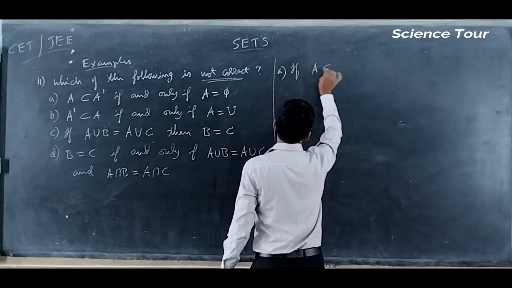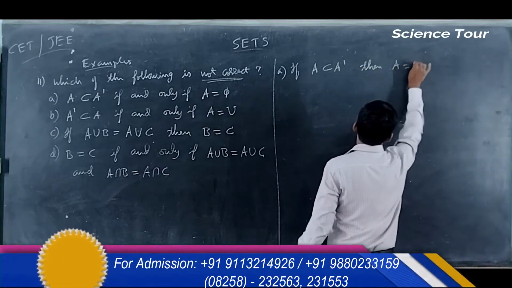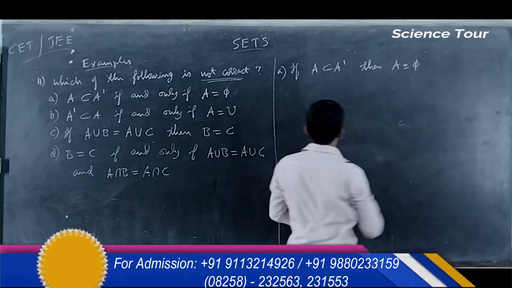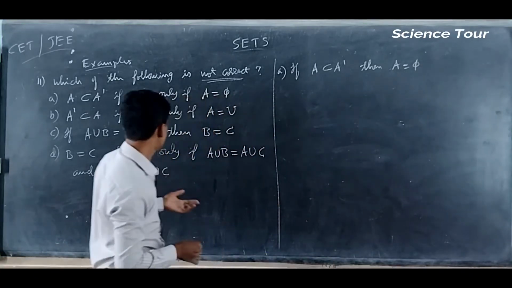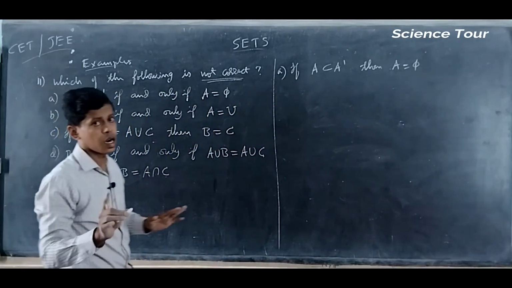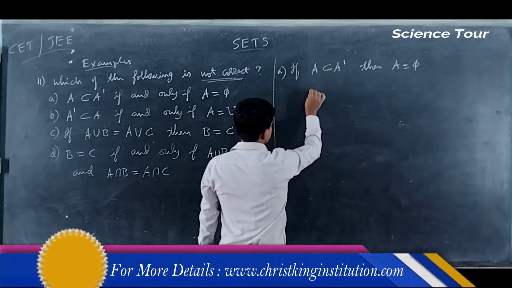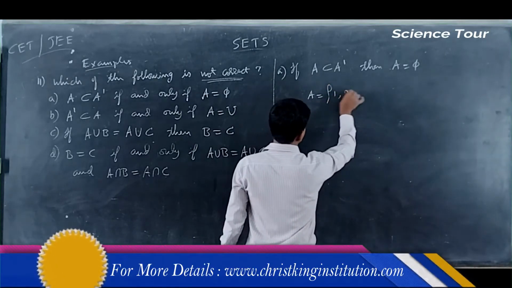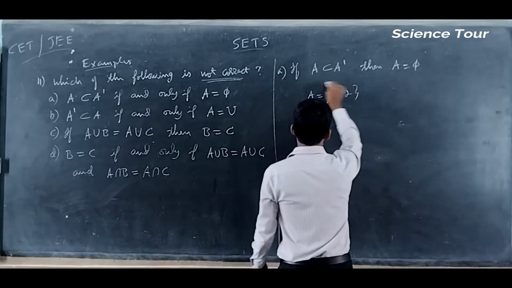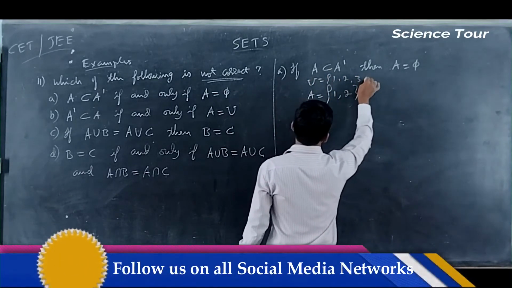Now, if A is a subset of A dash, then A is equal to the null set. How does that look? See, if you take A is equal to {1, 2}, and the universal set, of course, I'll take {1, 2, 3, 4}.